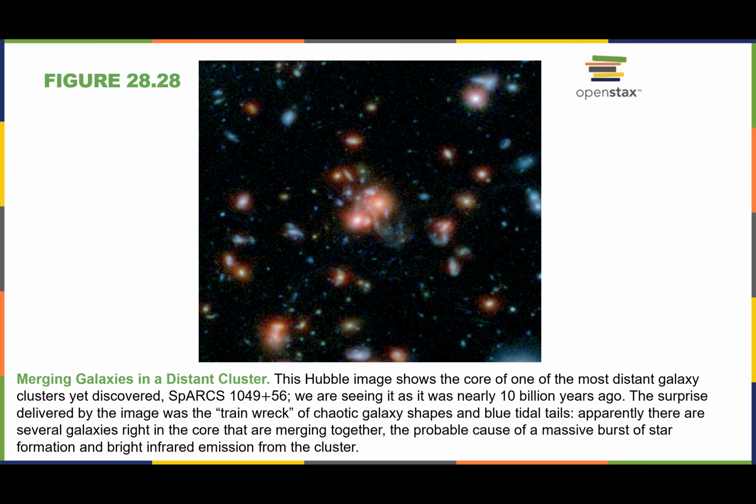Distant merging galaxies. One of the things about looking at things far away is they have a red color. And the other thing is that looking at objects far away, the telescope image looks kind of fuzzy around, which makes sense because it's so far away. But also the galaxies look kind of misshapen, because we're looking back in time, a time when they didn't have time to take the edges off of what they look like.